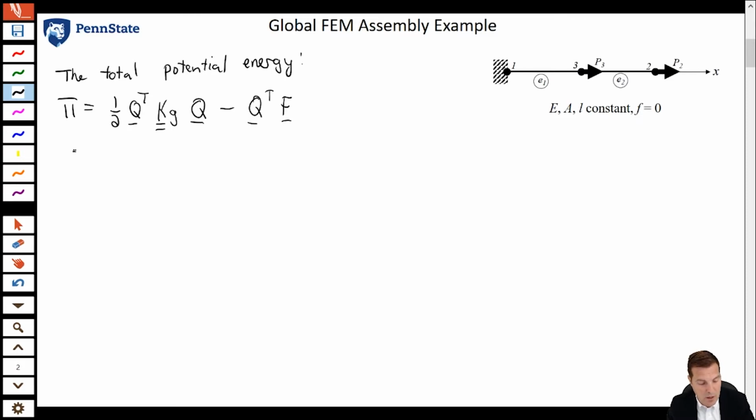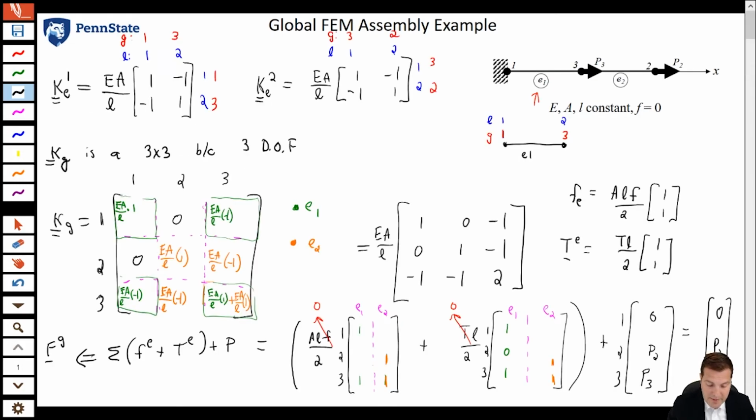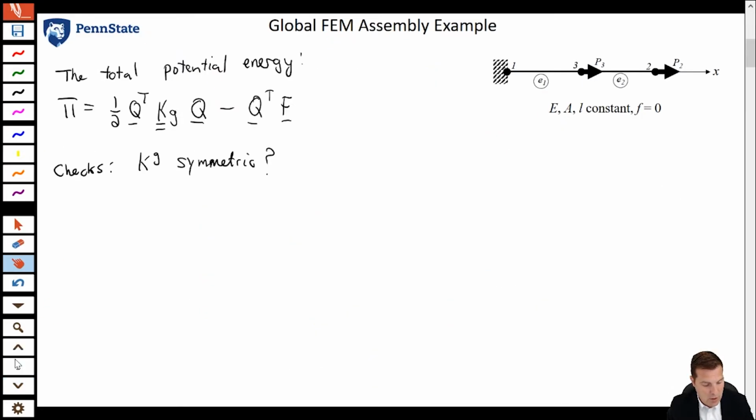Okay, we can do a couple of checks here. For example, is Kg symmetric? As we discussed. So if we go back and look at that, you can see that yes, it is symmetric. So that would get a check mark next to that.